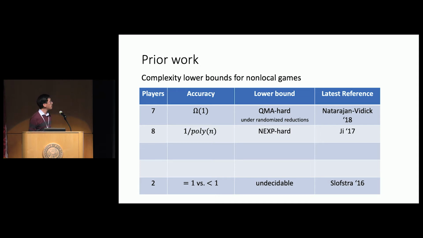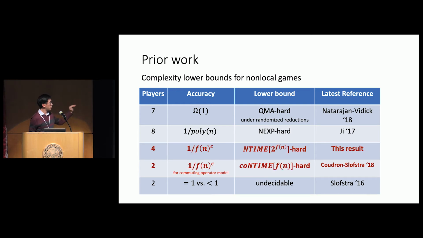So if you squint your eyes, you can see that as you ratchet up the accuracy, this problem seems to get harder and harder, at least as far as our lower bounds go. And what our results show, and what the results of Kudron and Slofstra show, is that it interpolates between these first two results and Slofstra's undecidability result.